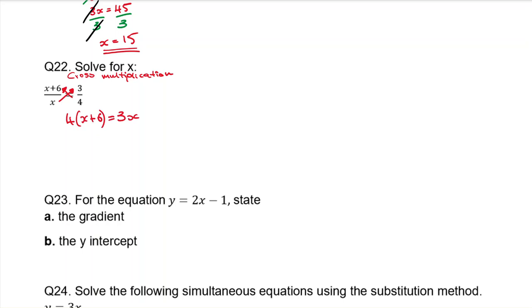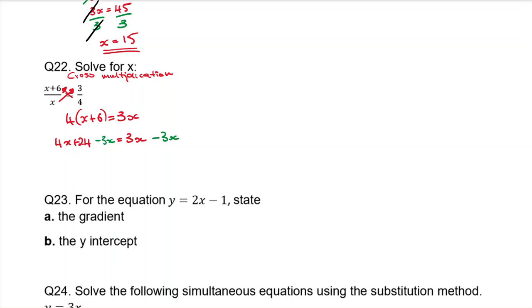Okay, from there I'm going to expand the brackets. So the 4 times x is 4x. 6 times 4 is 24, equals 3x. Then I'll take 3x away from both sides. I had 4x plus 24. Now I'm taking 3x away from both sides.